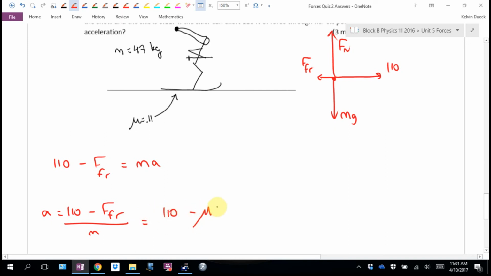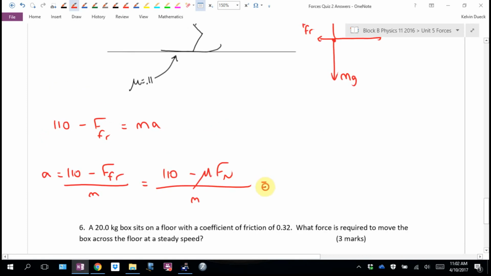(110 minus mu times the normal force) divided by m. Yeah, I don't know the normal force. Oh, but look. I know the force the same size as the normal force, mg. So I think I can go like this. 110 minus, what's mu?